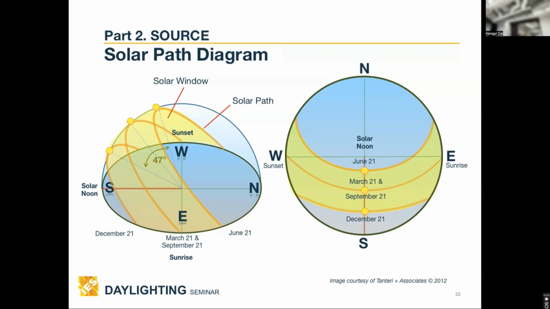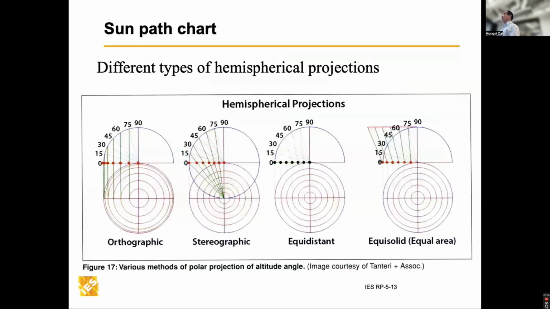You can convert it to the Cartesian coordinate, but for us, for building professionals, we typically use this because we think this is easier to understand and a little bit more intuitive to us, right? So we actually have different projections. You see, we have the orthographic projection, stereographic projection, equidistant projection, equisolid projection.